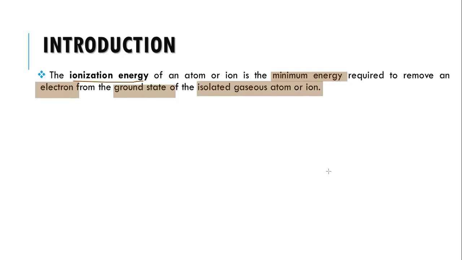So simply, the ionization energy of an atom or ion is the minimum energy required to remove an electron. When we speak of an atom, that is neutral, there are no charges.